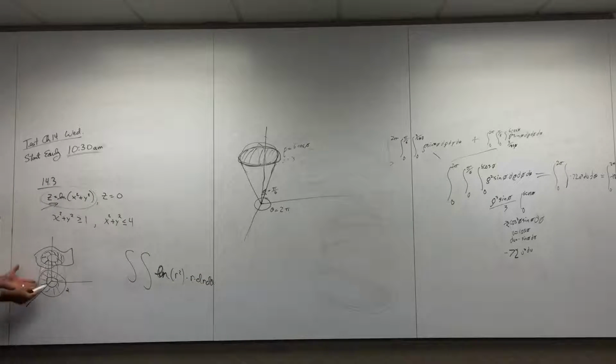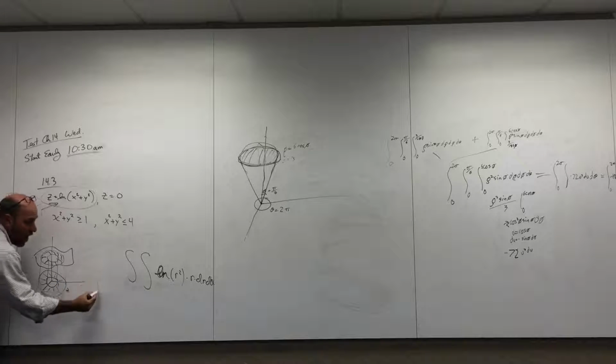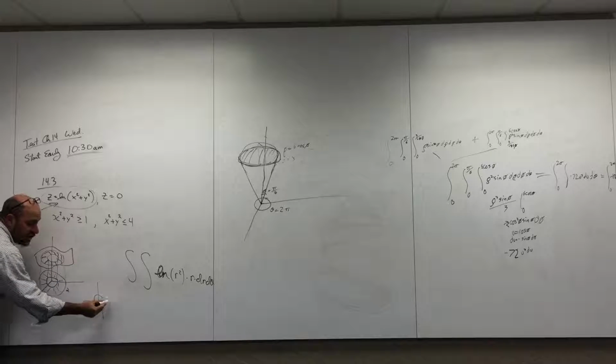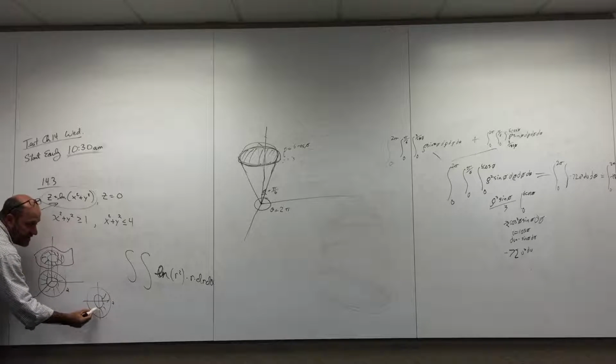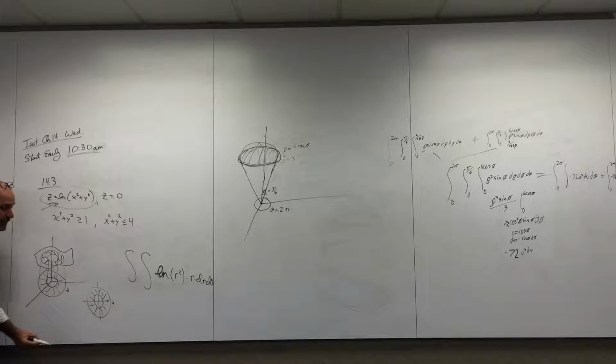And then I'm working on integrating between these two cylinders, between these two circles, so to speak. I can see it there, or I could look at a blown up picture of the XY plane. But it's just the same picture. It's this stuff in between these two circles.